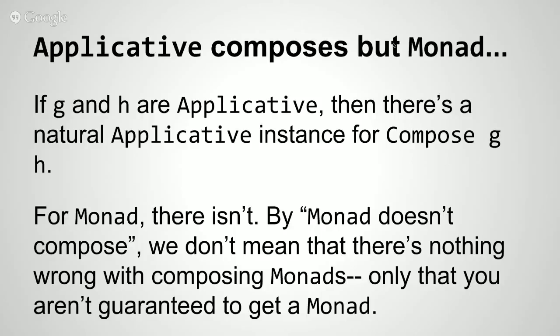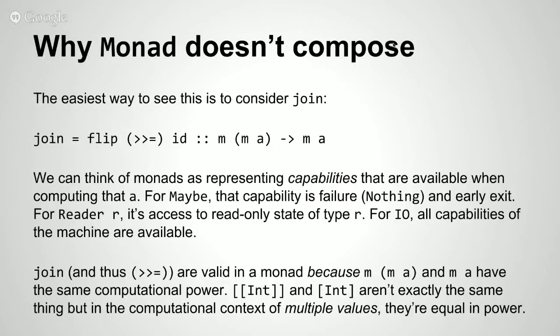And the easiest way to show why that's true is to consider join. That's a fundamental thing that you can do on a monad. If you have an M of M A, you can turn it into an M A, and there's a natural way to do it. If we think of monads as representing computational capabilities that are available when you're computing that A, it kind of makes sense.